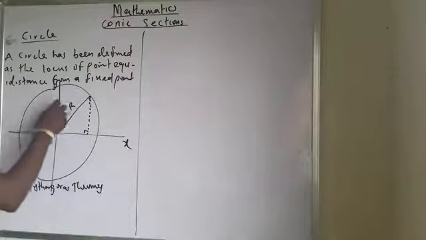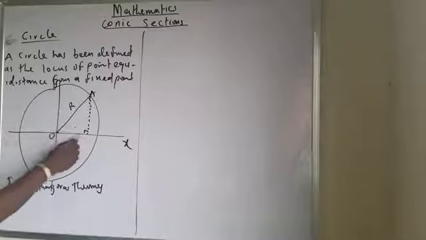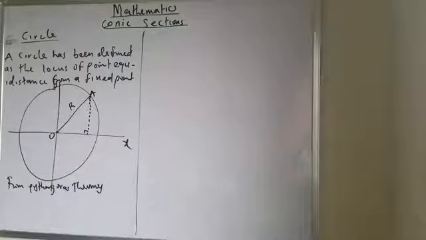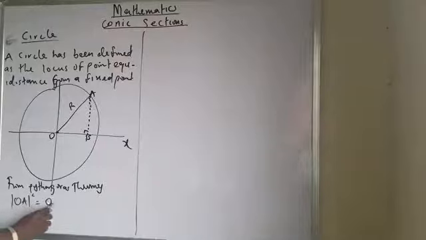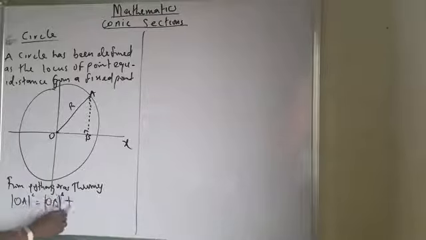Now I call this place A, and I call this place B. Now from Pythagoras theorem, I can say that OA, which is the hypotenuse, squared equals OB squared, let me use absolute, absolute is better here, plus AB squared.